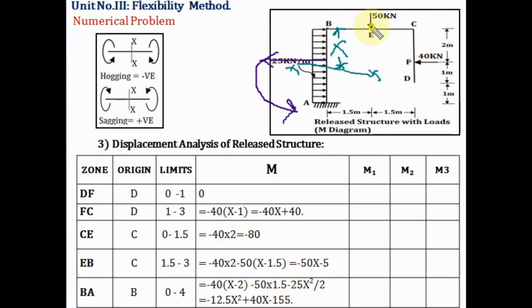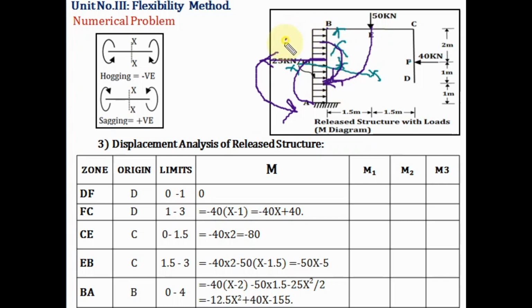For 50 it will act like this. Again the nature of bending moment will be hogging, so minus 50 into 1.5, because at B this distance is completed. And this UDL will act like this.